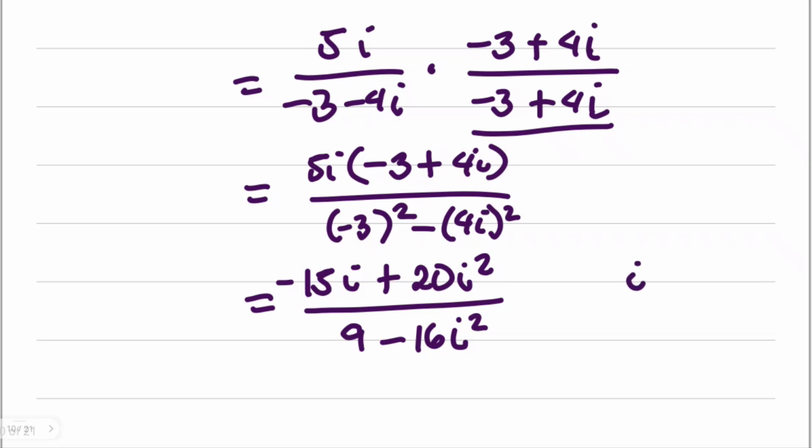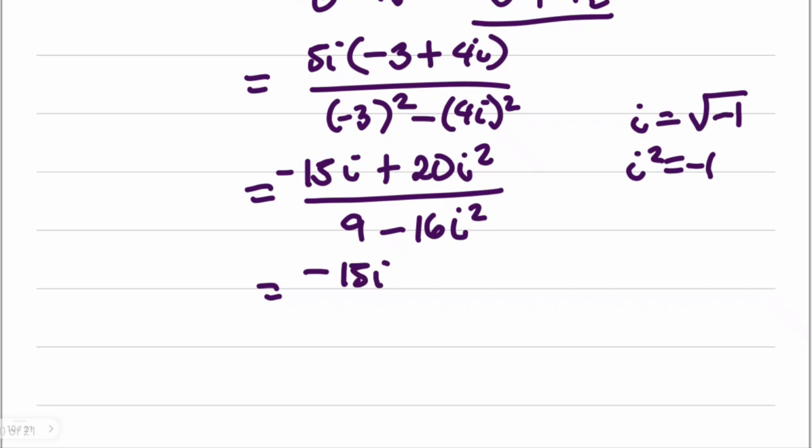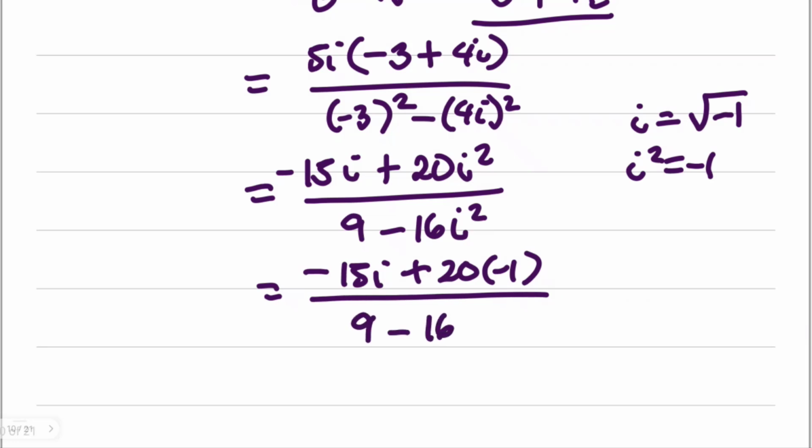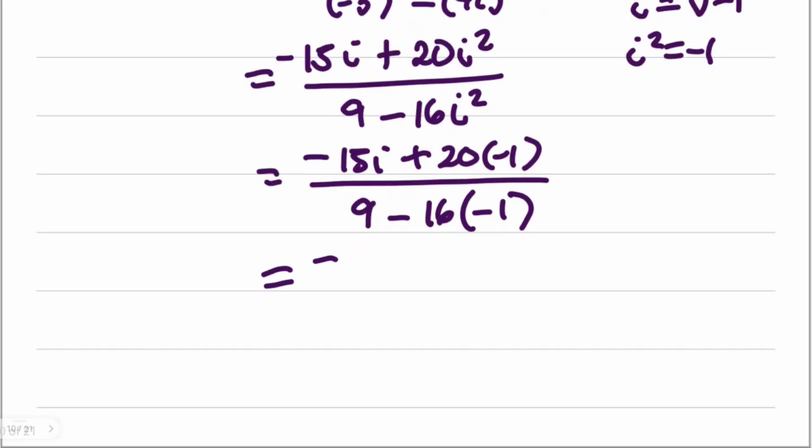We know that i squared is -1 because i is the square root of -1. That would mean you will have -15i, then plus 20 times -1, over 9 minus 16 times -1. So you will have the result of -15i minus 20 over 9 plus 16.